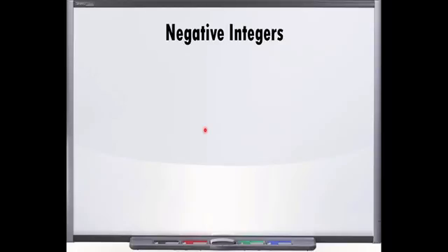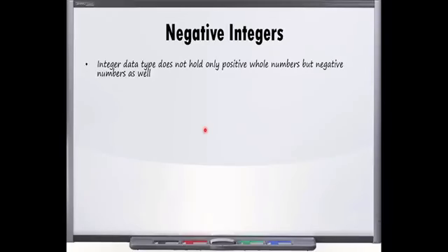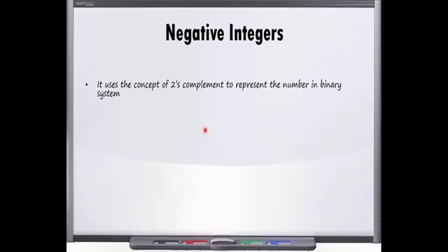The next topic is that integers not only hold positive numbers, they also hold negative numbers. How do you think these negative numbers are represented? They use the concept of 2's complement to represent the number in the binary system. Now what is a 2's complement? To understand the steps of 2's complement, let's understand something else.